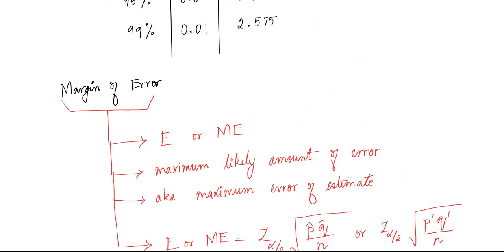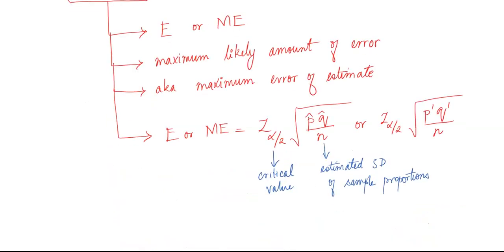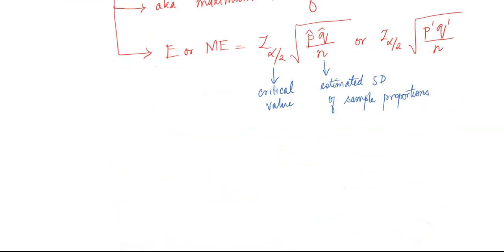I want to go back here and say for proportions. That's because we also have a margin of error that we will calculate for the mean, right? If you're interested in measuring the mean, that's one thing; here we're interested in measuring proportion. So here's the question.